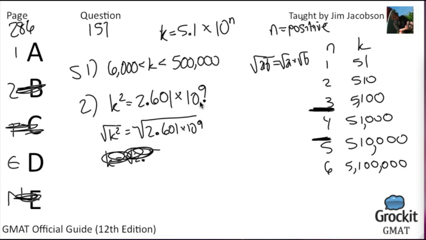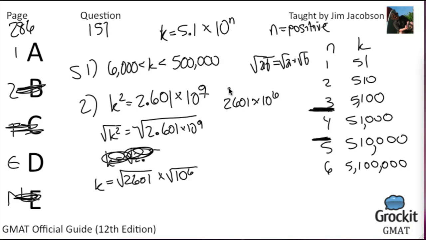So 2.601 times 10 to the 9th is the same thing as 2,601 times 10 to the 6th. Basically, the 3 decimal places that we needed to move it to get rid of the decimal, we take out of the exponent. So let's do k equals the square root of 2,601 times the square root of 10 to the 6th.